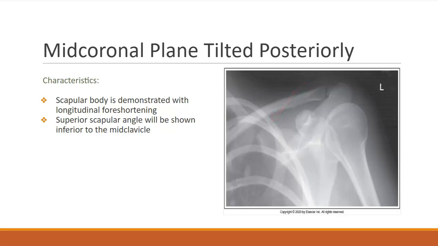This deviation can result in improper anatomic visualization, potentially impacting the image interpretation and clinical decision-making. Therefore, proper alignment of the mid-coronal plane is essential for accurate AP shoulder imaging.